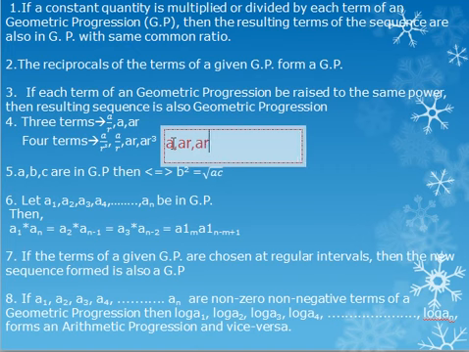a, ar, ar square, ar cube. This is my GP over here, and if I multiply this whole GP, that means I'm multiplying individually each term with a constant k.